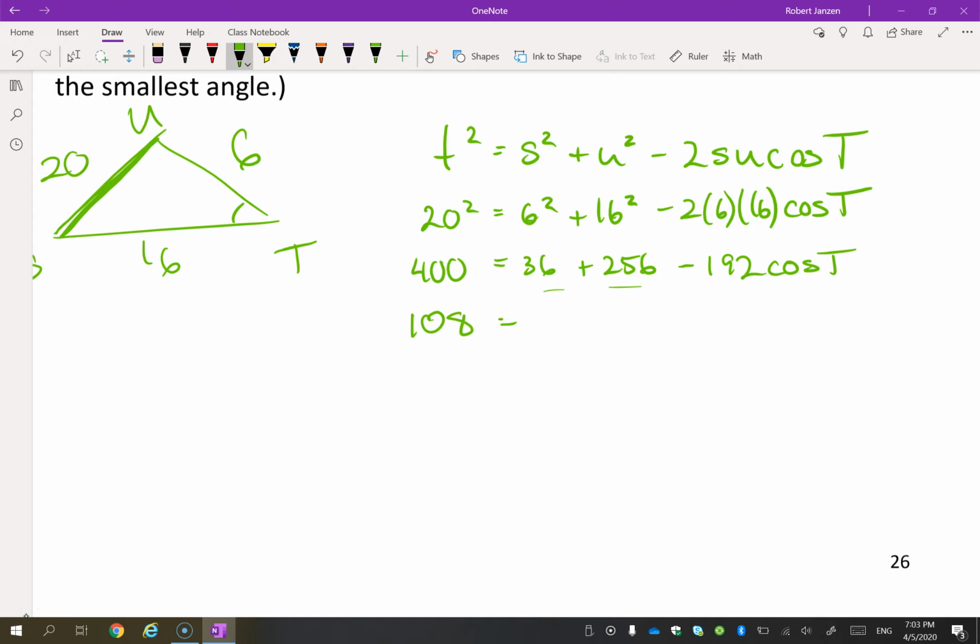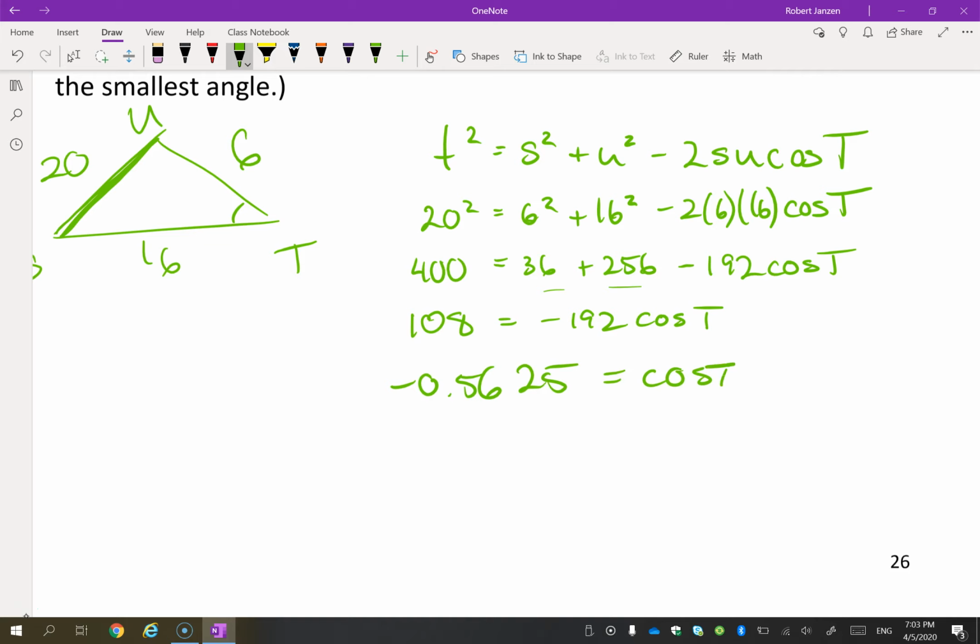Yeah. So 108 is negative 192 cos of T. So then we're going to divide by negative 192, and we get negative 0.5625.